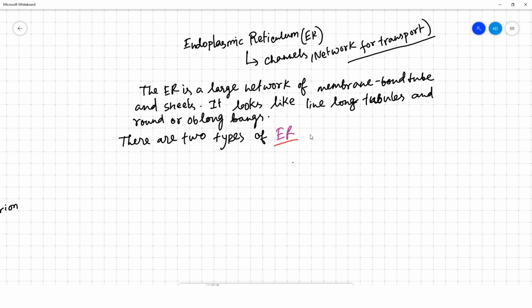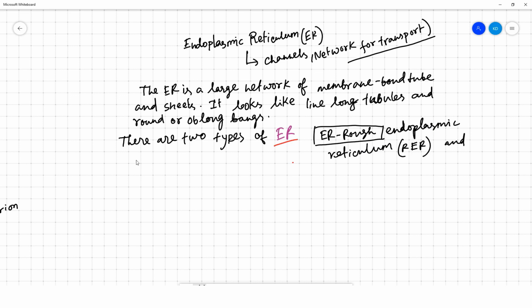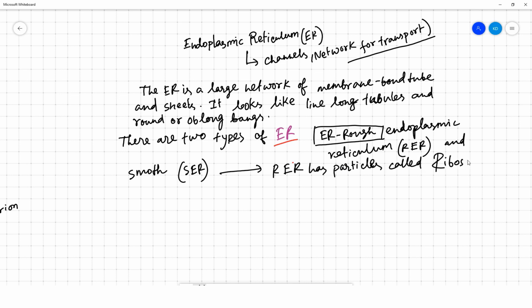There are two types of ER, that is endoplasmic reticulum. One is rough endoplasmic reticulum, also called RER, and another is smooth endoplasmic reticulum, or SER.